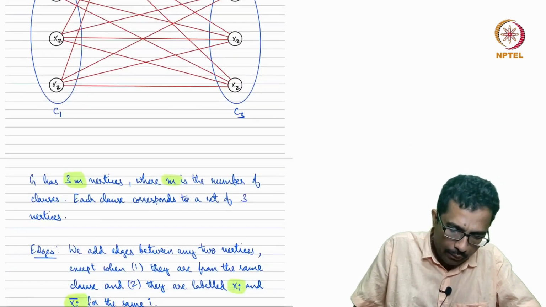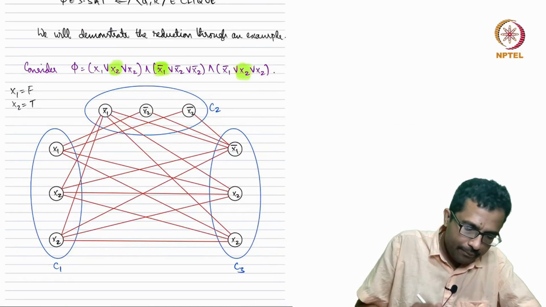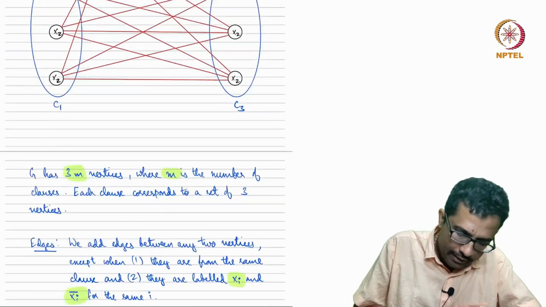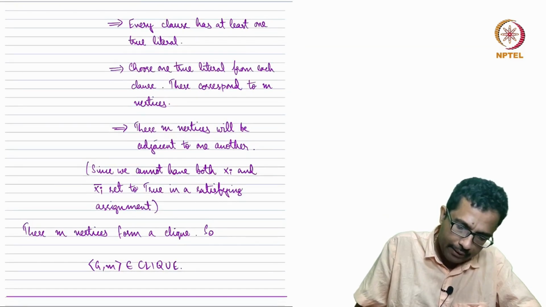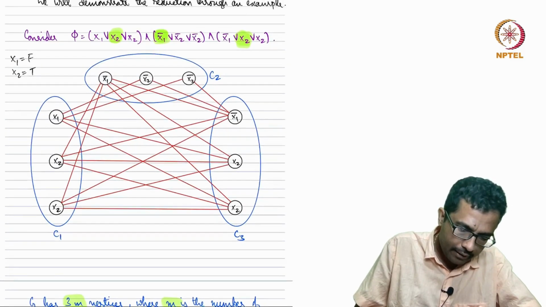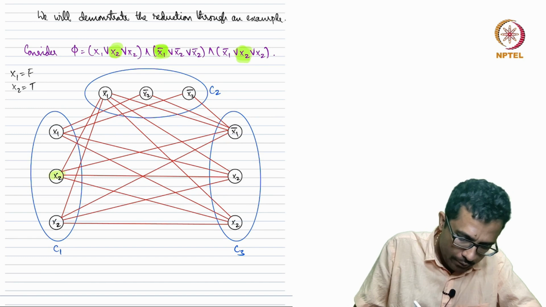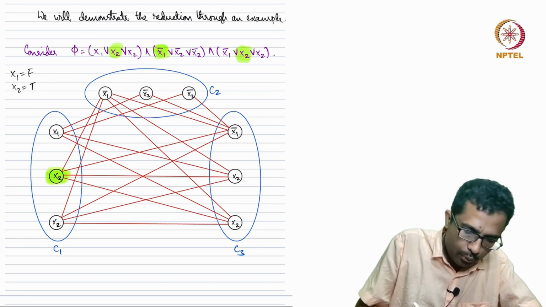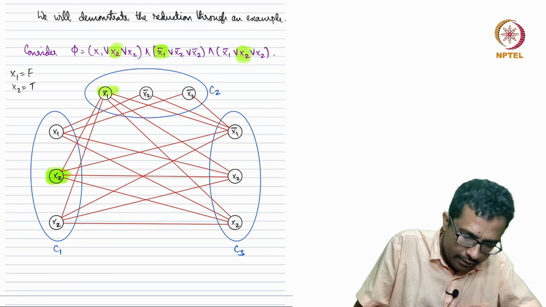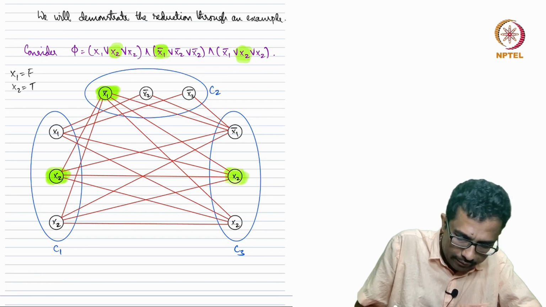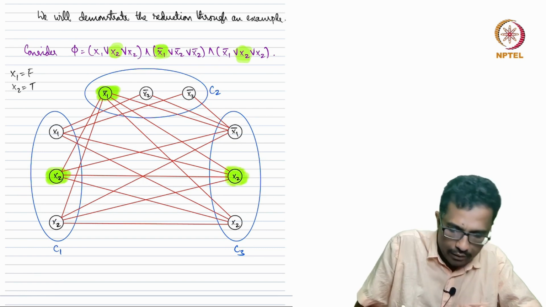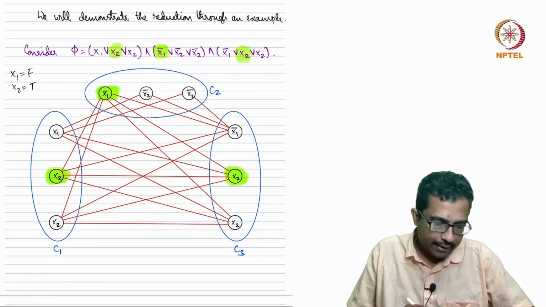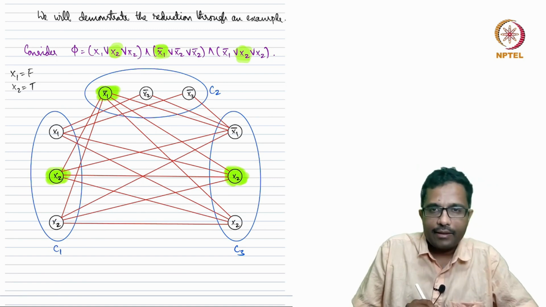And what we do is choose the same literals from the graph. So here we choose x2 from the first clause, x1 complement from the second clause, and x2 from the third clause. So these are the true literals, and the claim is that these three will be adjacent.